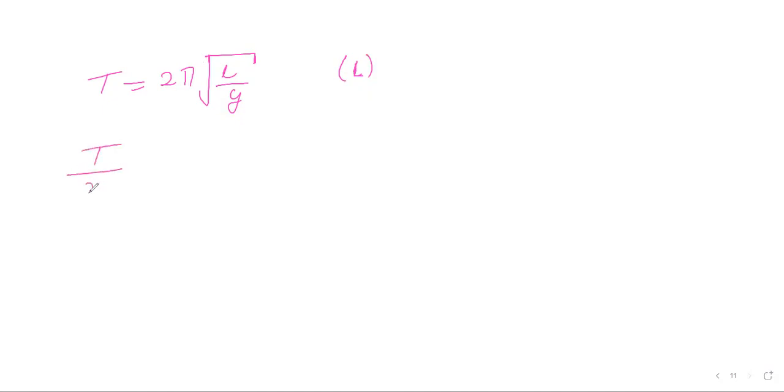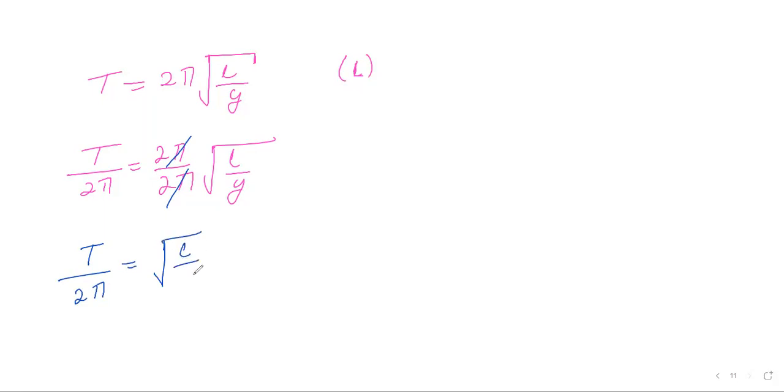So this is what I'm going to say: T over 2 pi is equal to 2 pi over 2 pi, I divide both sides by 2 pi, square root of L over G. The 2 pi cancels the 2 pi. So we're left with T over 2 pi is equal to the square root of L over G. You follow?